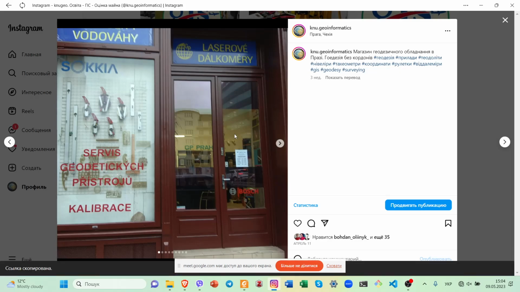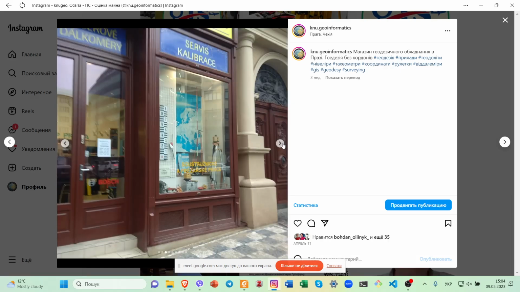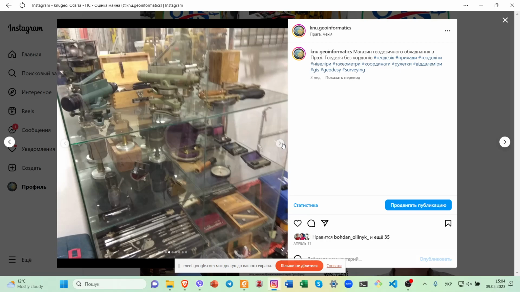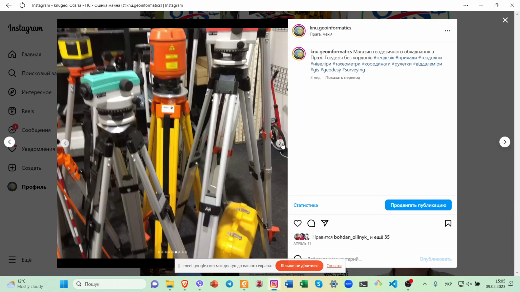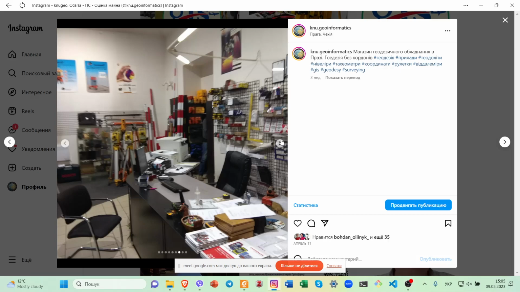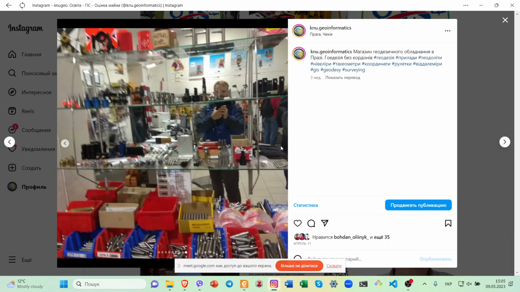And you can see all the geodetic equipment. It's ancient instruments and modern instruments, and all the necessary stuff, rods or stuff for surveying, etc., and all the necessary equipment.